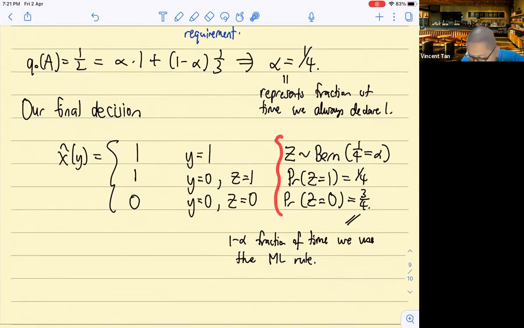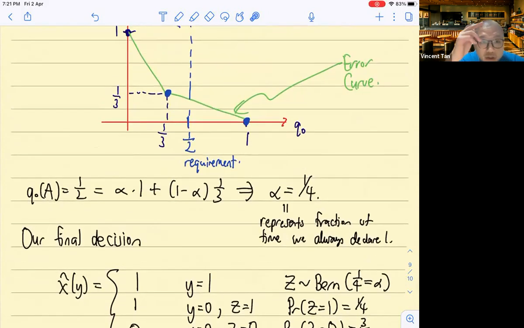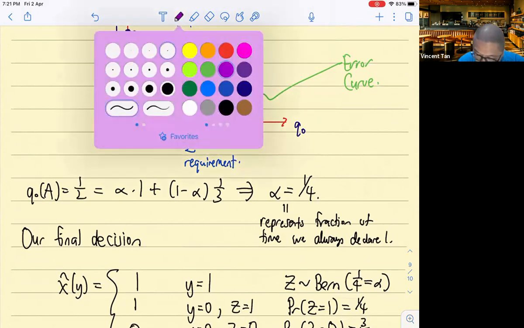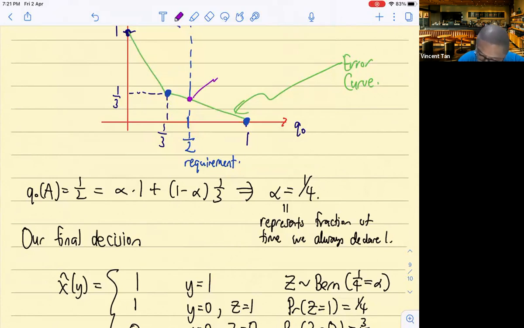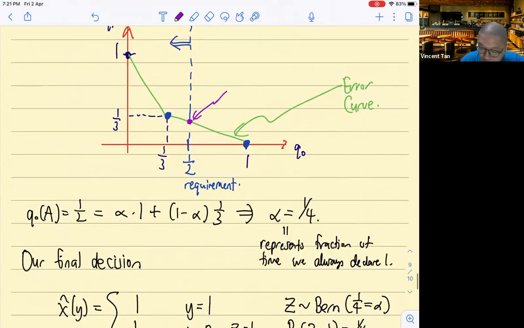We need to have an additional source of randomness here in order to achieve all points on the error curve. So this is the error curve. If we want to achieve this special point here, what do we do?